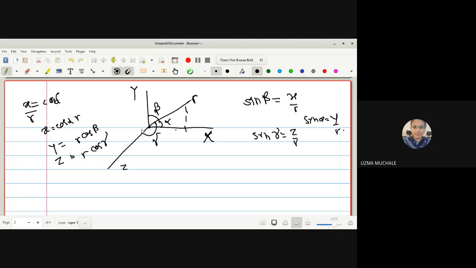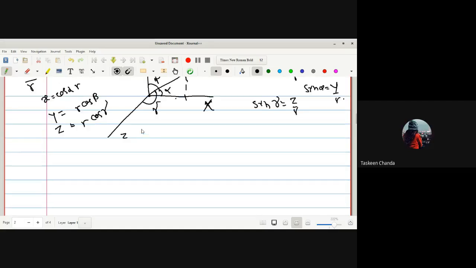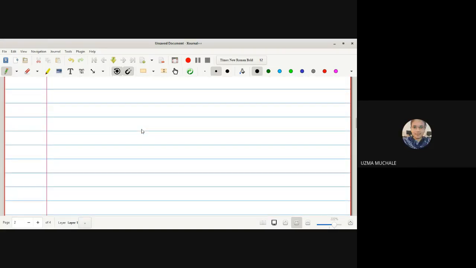Now, let us go for the next one, that is orthogonal transformation. Yes, anyone remember what is orthogonal transformation? Multiplication of two vectors gives value 0. Right. So now let us assume that instead of having x dash, y dash, z dash, I will take it as x1, y1, z1.